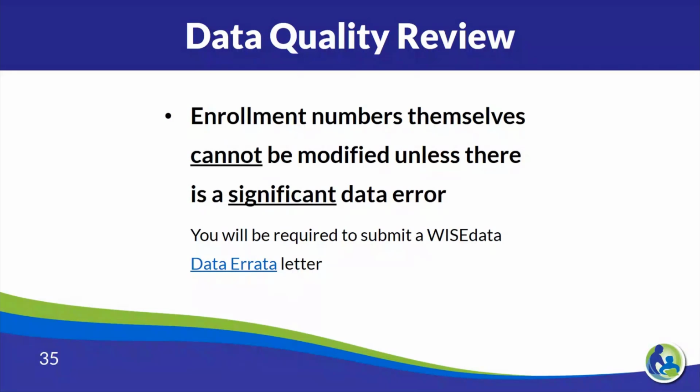There is an existing item called the WISE data errata, where after public snapshots are taken, that's the method that districts and LEAs use to report those types of broader-based issues with your data. So you'll have to submit that, get that into WISE data, and then we can make an adjustment to your enrollment in combination with that data errata.